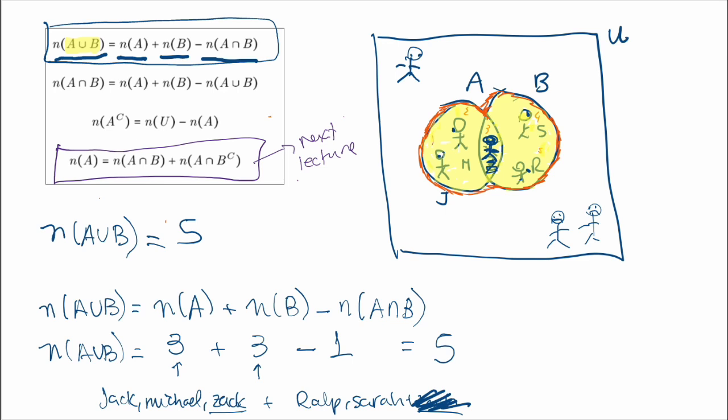So this one we already saw, this formula for the complement. If you take a look at the second formula here, it's the same reasoning. The number of elements of A intersection B, so think about this: how many people are sitting in the intersection?